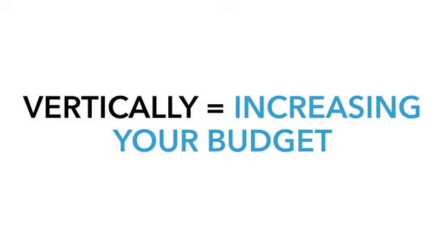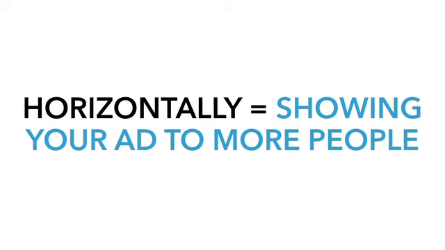So by increasing your budget, you're going to show your ad to more people in that particular ad set. That's vertical scale. But horizontal scale is creating new ad sets that target different interests or different lookalike audiences so that you can scale that way too. Both of them are good and both of them can be done at the same time.